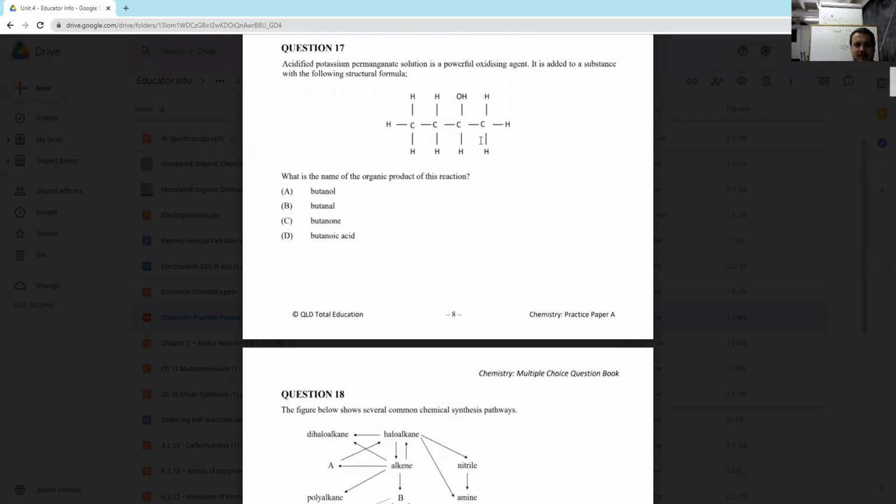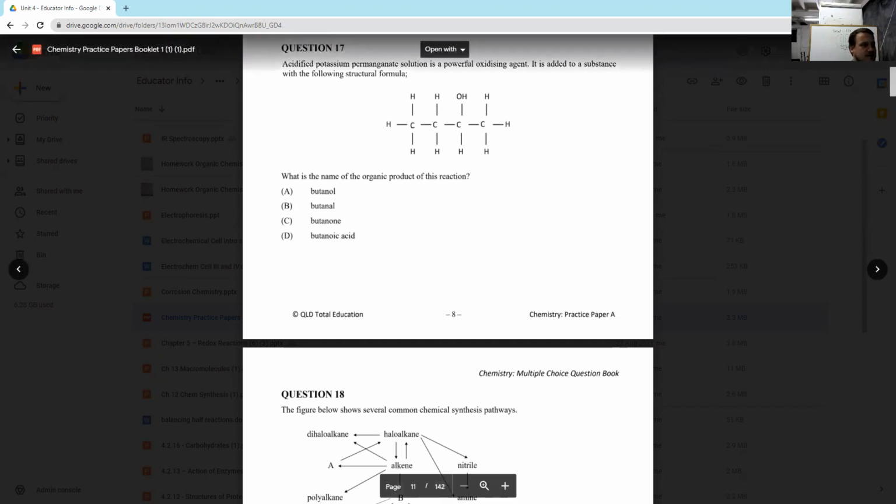Okay, question 17. Powerful oxidizing agent. What happens when we oxidize a secondary alcohol? Again, 60 seconds.